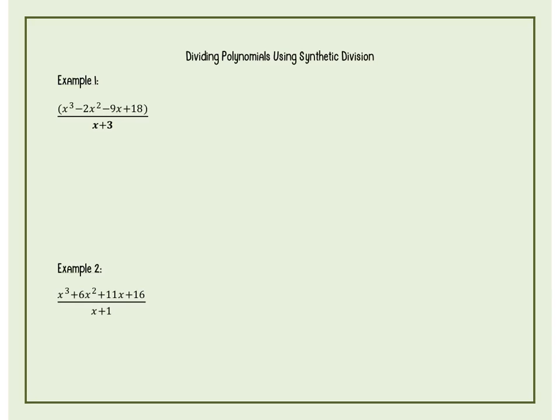So rule number 1 was to write down all of your coefficients. We look first and ask, do we have descending order? x cubed, x squared, x to the first, no constant issues. That means there are no zeros. So my coefficients in order are 1, negative 2, negative 9, and 18.